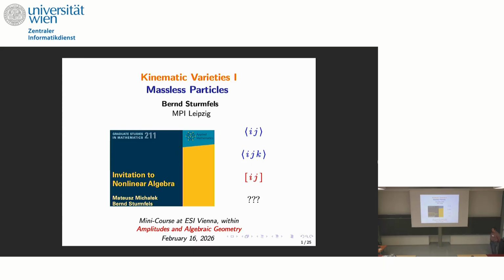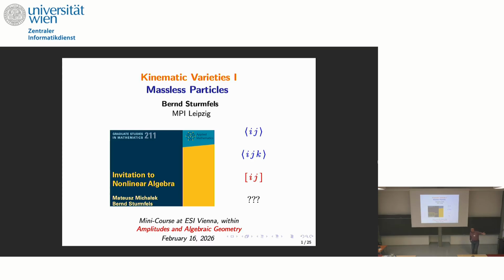So the 6-week program is about amplitudes and algebraic geometry. My perspective on algebraic geometry is it's the study of zeros of polynomials. And I mean it, okay? I really mean it. So for me, algebraic geometry is zeros of polynomials in several variables. And such a zero set is called a variety.